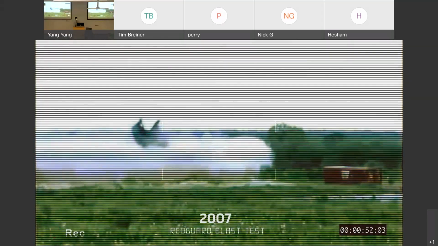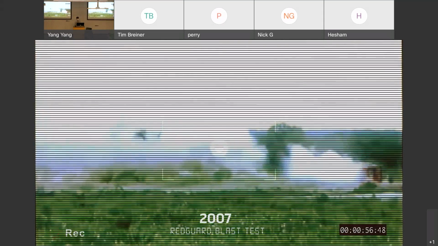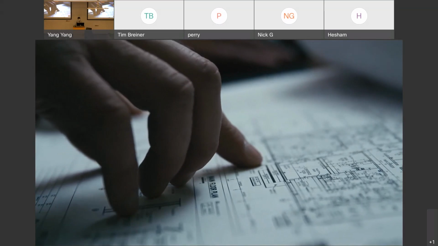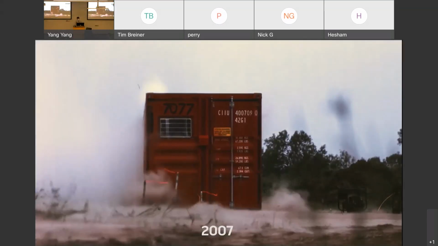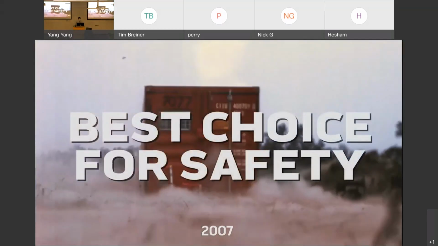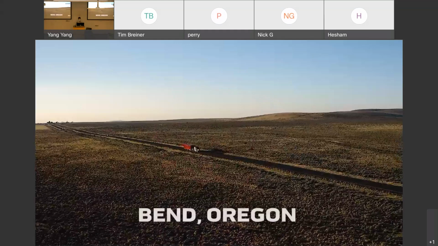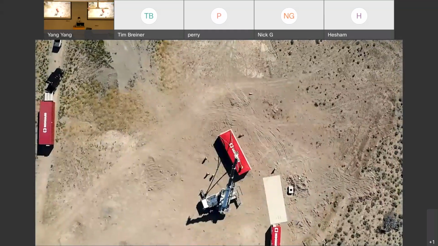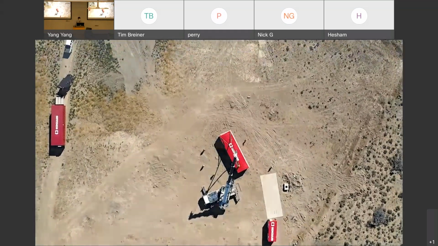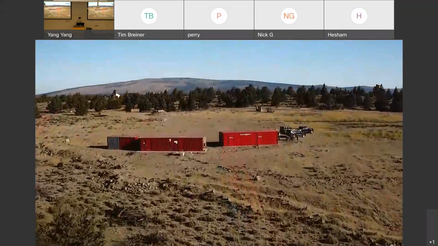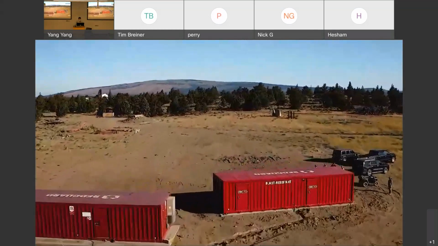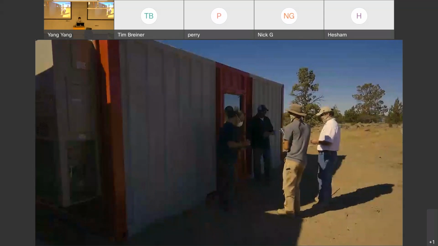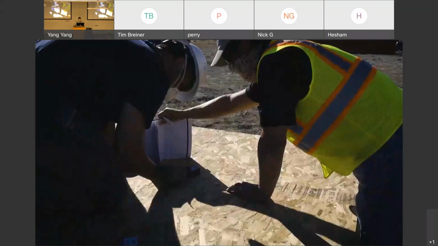To follow up a successful blast test we completed in 2007, we set out to prove what our engineering models told us, that steel blast-resistant buildings were the best choice for safety. In 2020, we tested our structures in a remote area with hundreds of acres available, giving us plenty of space to create a massive explosion to emulate a large-scale blast on a hazardous worksite. To demonstrate the safety of our designs, we used 2 independent teams of expert engineers.